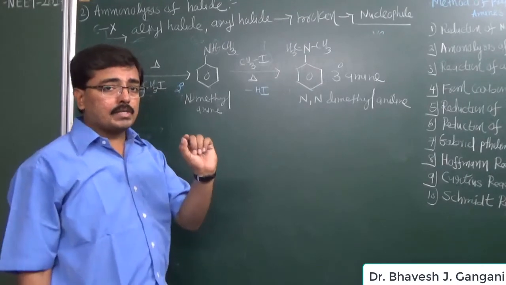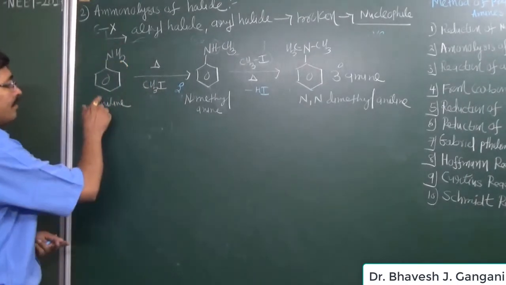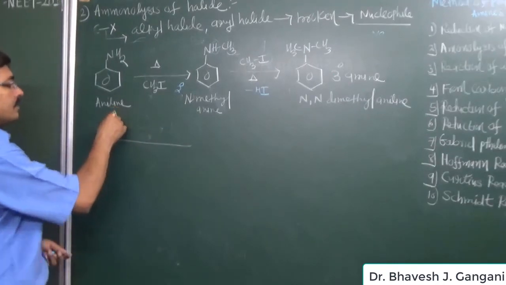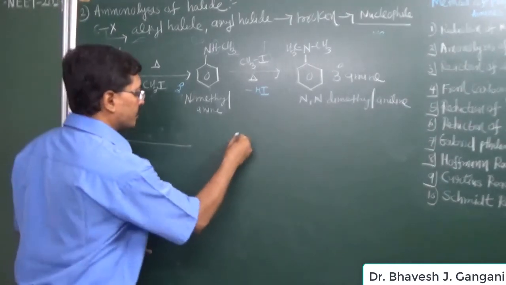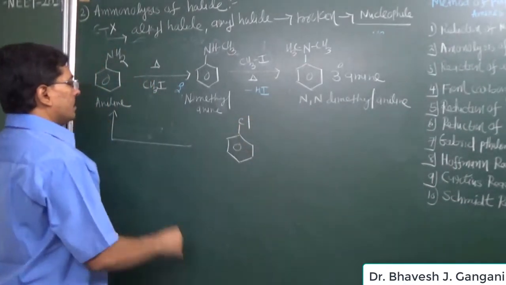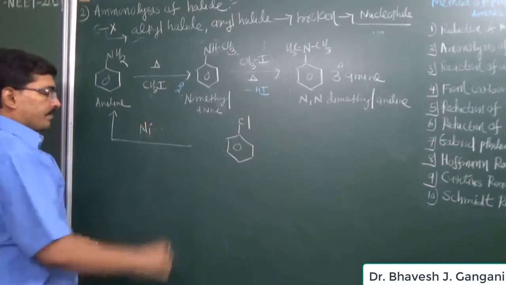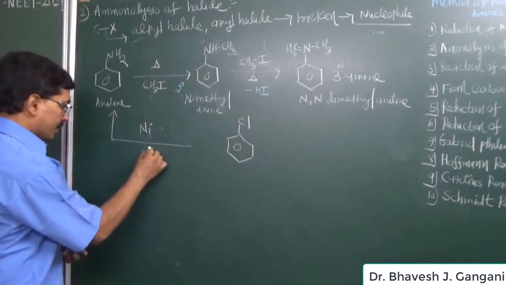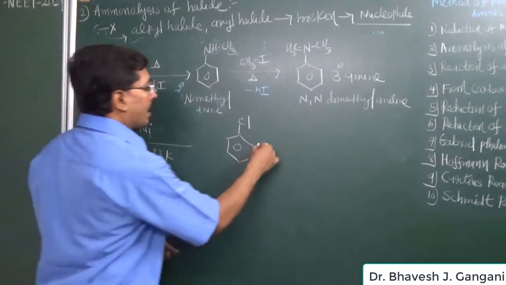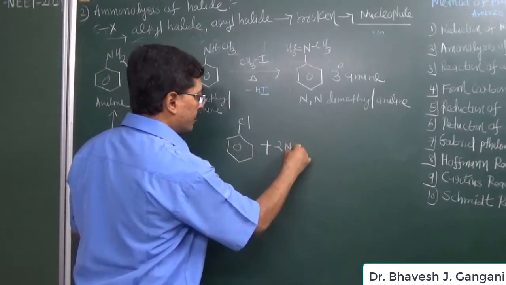In one lecture we will study how aniline can be obtained. Aniline is also prepared by using the ammonolysis reaction. Suppose we have chlorobenzene in a closed container. This chlorobenzene, in the presence of nickel as a catalyst and at a very high temperature of 873 Kelvin, is allowed to react with 2 moles of ammonia.